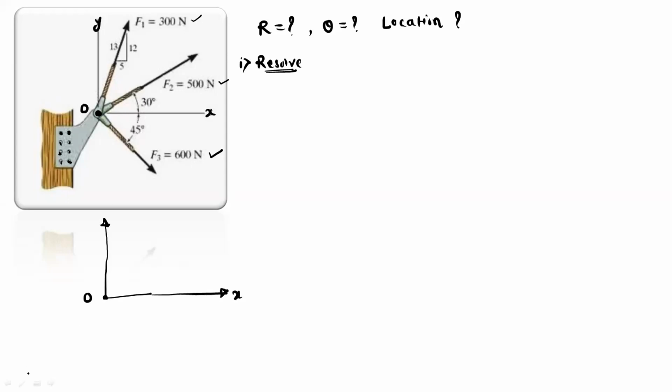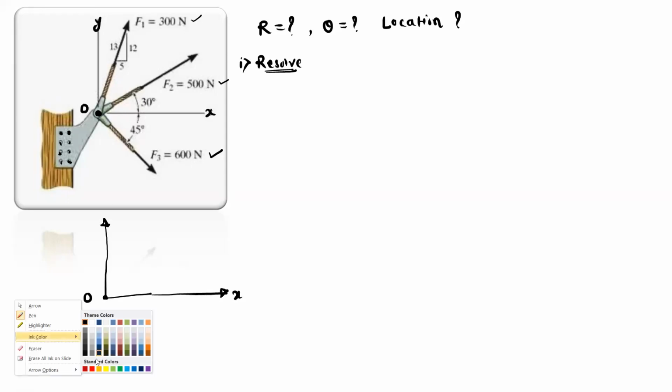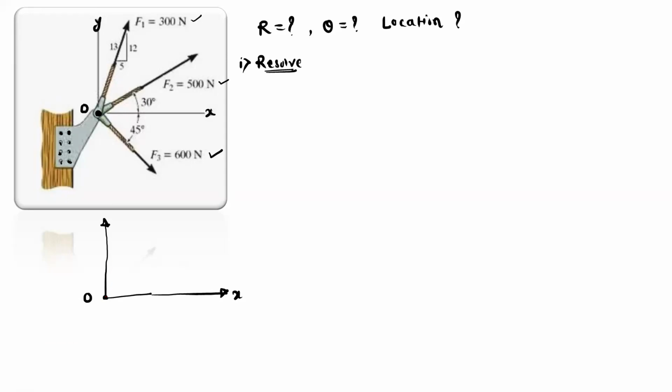This is the x-axis. This is force F1, that is equal to 300 Newton. This is the second force, which is equal to 500 Newton. And this is F3, that is equal to 600 Newton. And this is the meeting point or the point of concurrency.